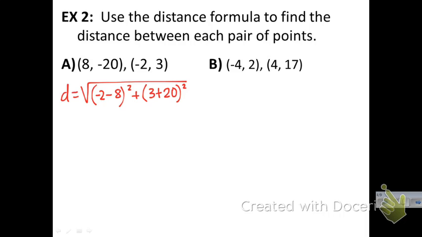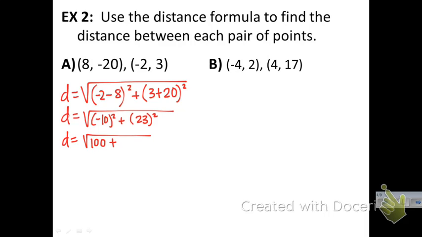And then we'll square that. Now we just simplify this. -2 minus 8 is -10. 3 plus 20 is 23. Then we take -10 squared is 100, plus 23 squared is 529.